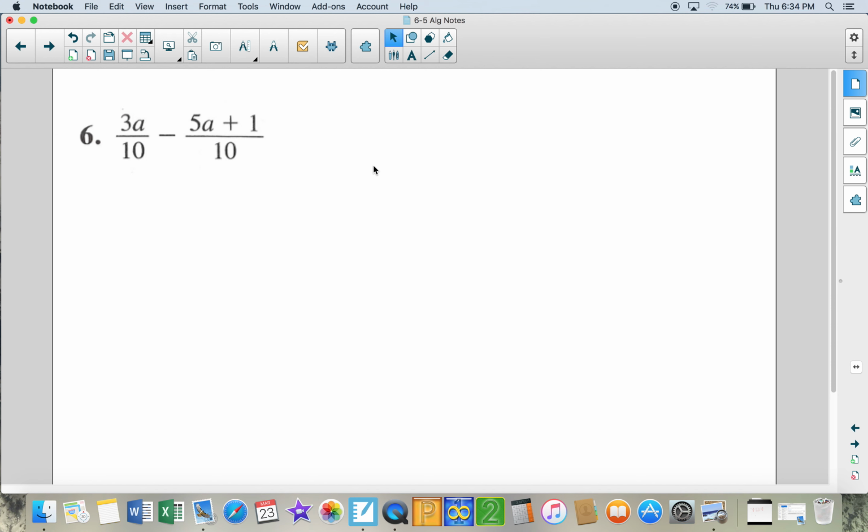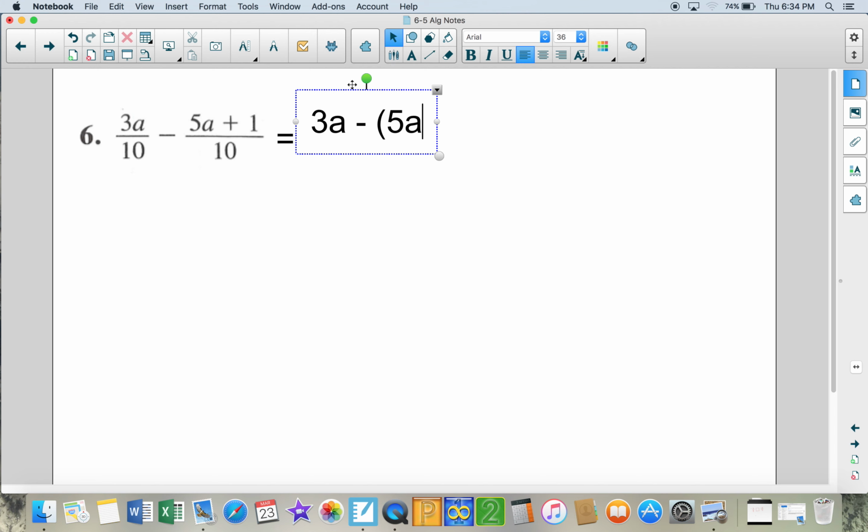Now we get a little more technical. We see that we have a negative outside, and we're going to have to do something special to that negative when we combine them all on the same line. We have a common denominator of 10. Both terms have 10 in the denominator. So my numerator is now going to become 3a minus the quantity 5a plus 1.